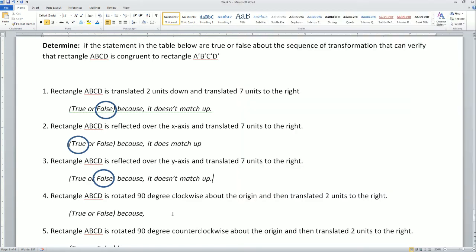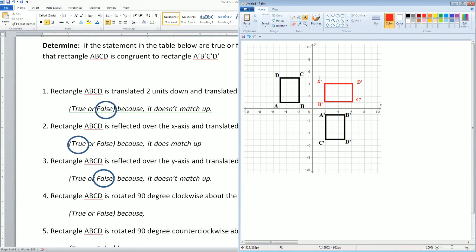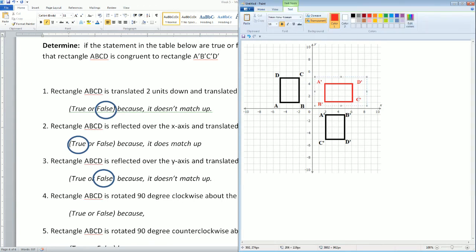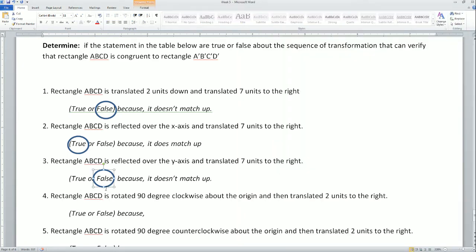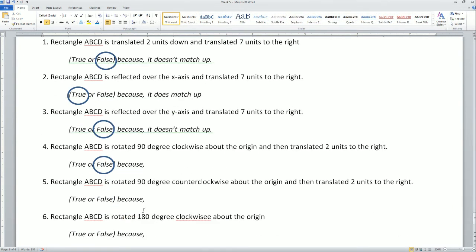Then it says 2 to the right. So grab this, then move it 2 to the right. 1, 2, 3, 4, 5. Doesn't match up. So I would say false. Does not match up.